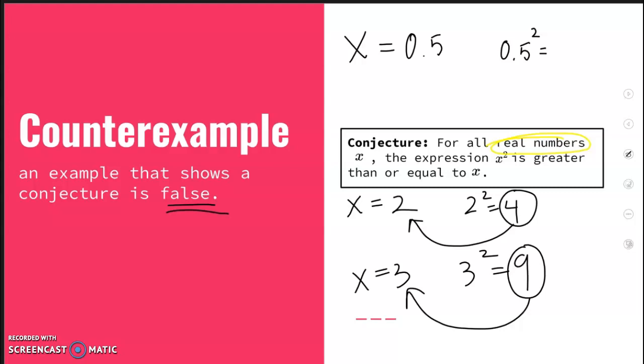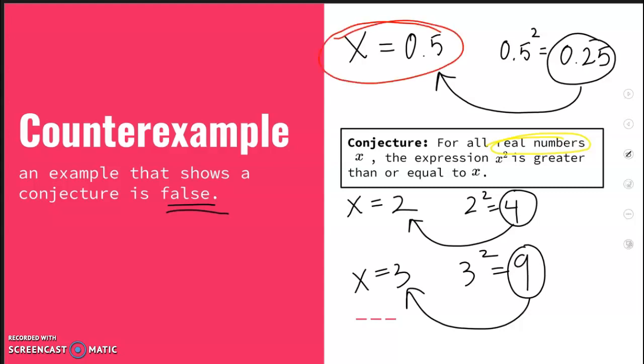You can either use mental math or your calculator to check, but when you raise that to the power of 2, you get 0.25. Now notice, this is not greater than x. So what we have found is a counterexample. The counterexample was x equals 0.5. This is an example that disproves this conjecture. Okay?